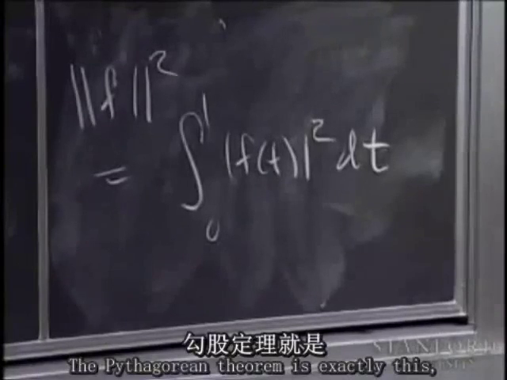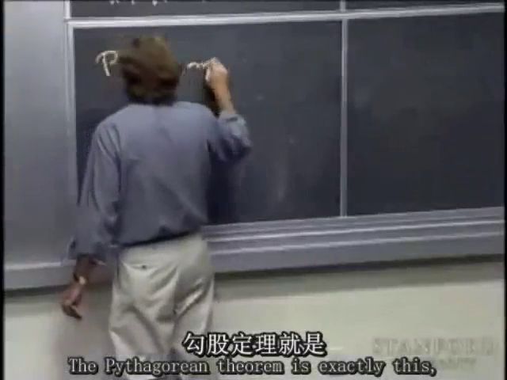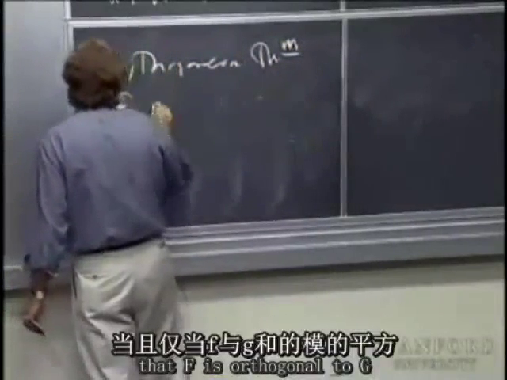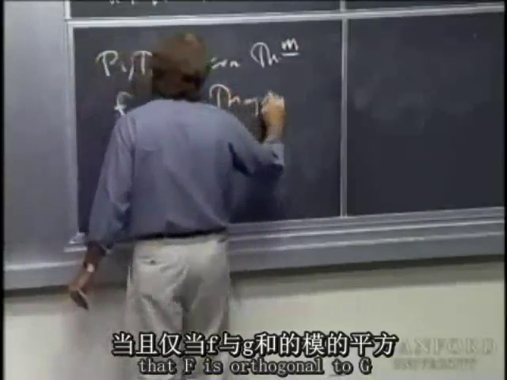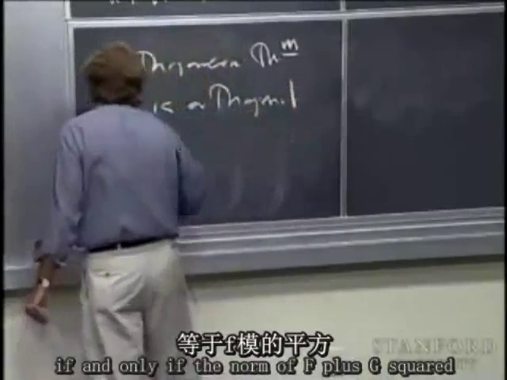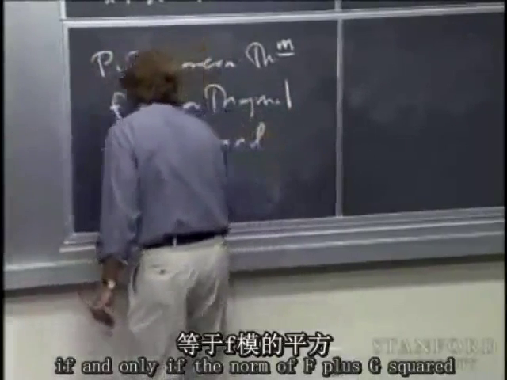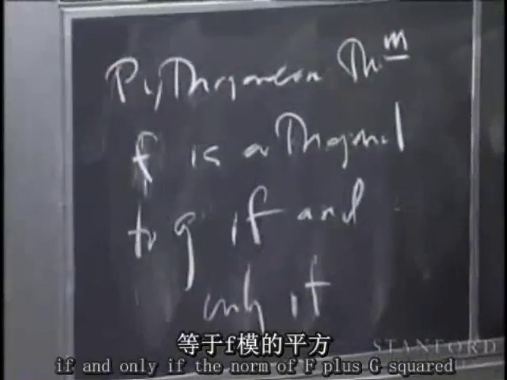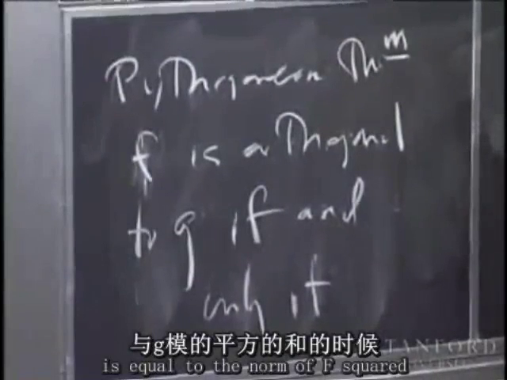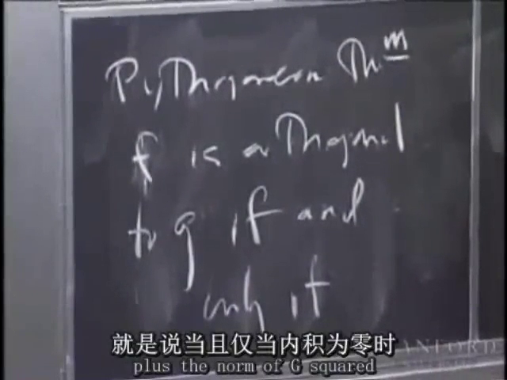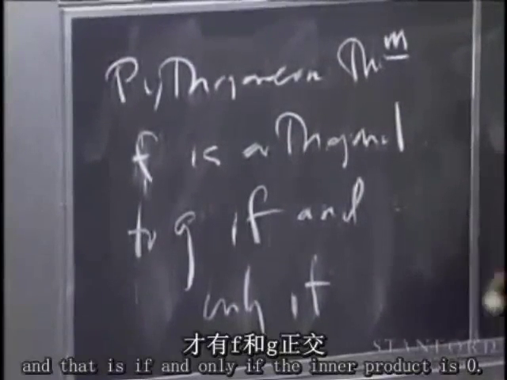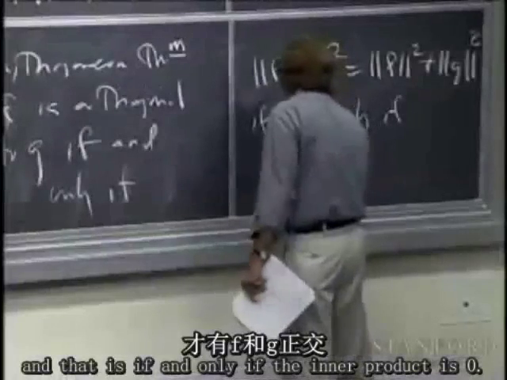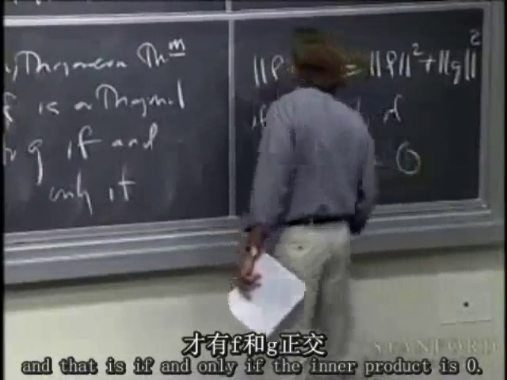The Pythagorean theorem is exactly this, that f is orthogonal to g if and only if the norm of f plus g squared is equal to the norm of f squared plus the norm of g squared. And that is if and only if the inner product is 0.